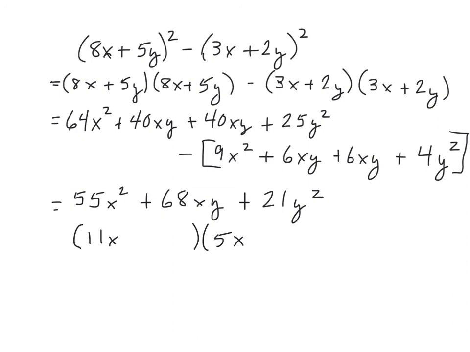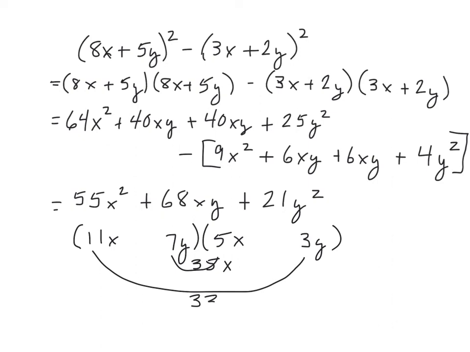So if we do 3y here and 7y here, we can check, and we just have to check the outside and the inside pieces. This would be 35xy, this would be 33xy. And if we add 35 and 33, we do indeed get 68, and everything is pluses here. So you can verify that if you like, but it really does work either way.